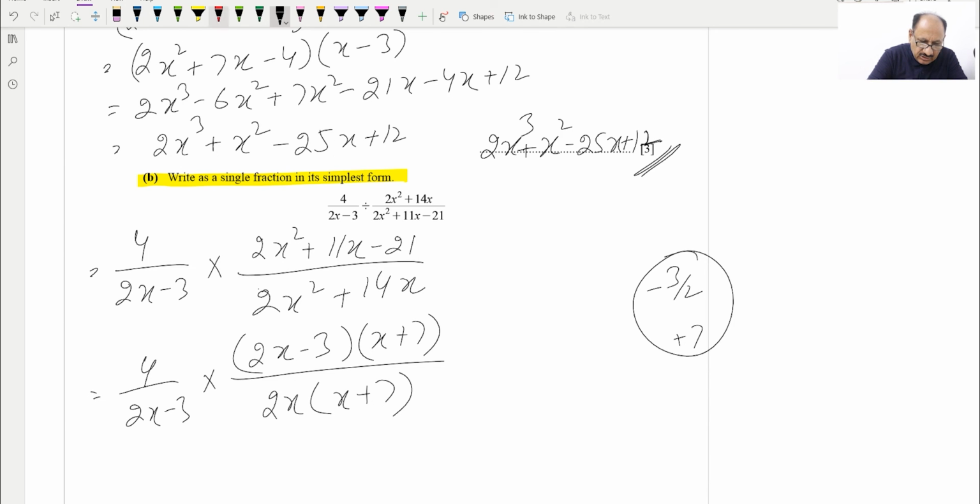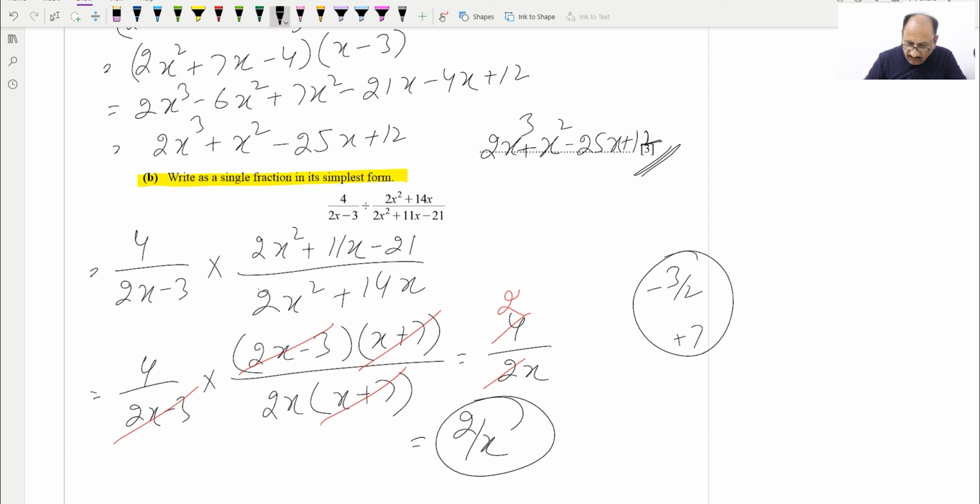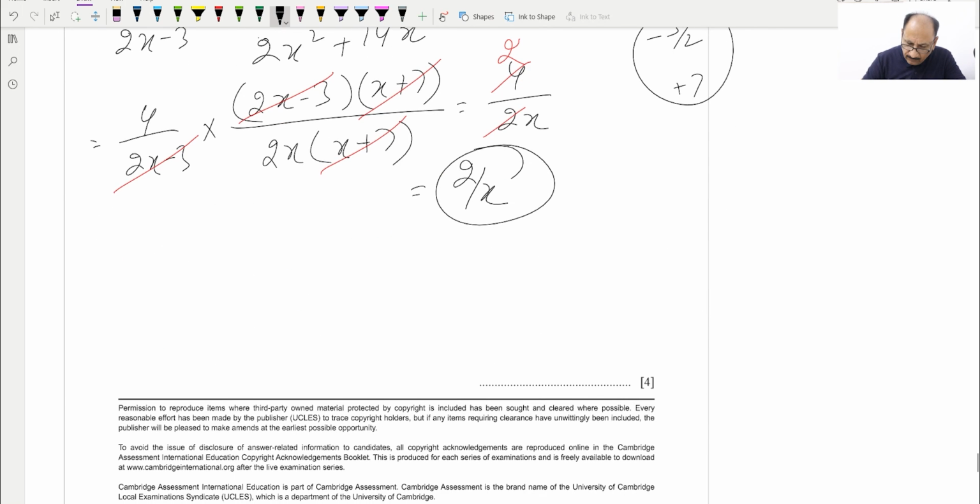Now cancellation, these two we can cancel, and these two also we can cancel, and the remaining part will be 4 over 2x. Further cancellations, this will be 2, and we will get 2 over x. This will be our final answer for this question, which we can provide over here.